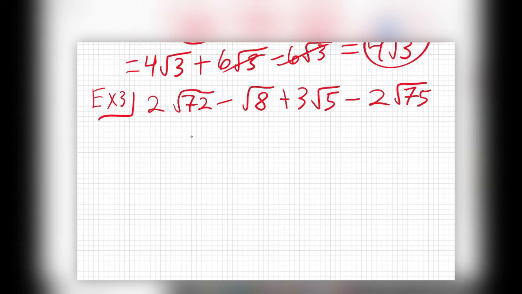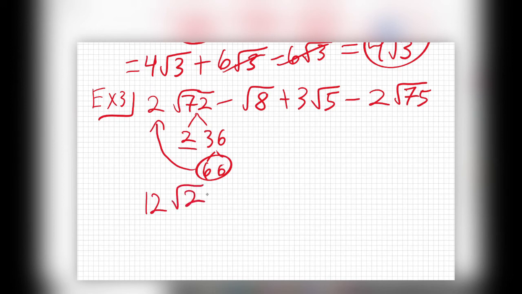So for this, I'm looking to break down the square root of 72. That's 2 and 36. 36 becomes 6 and 6. So 6 now gets moved out in front. 6 times 2 becomes 12 times the square root of 2.